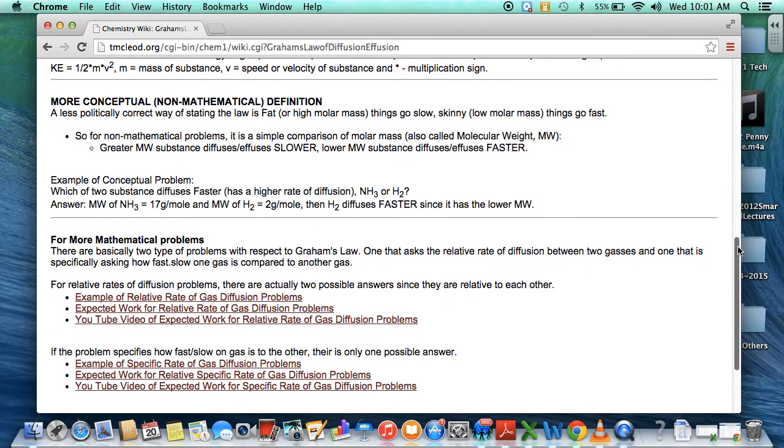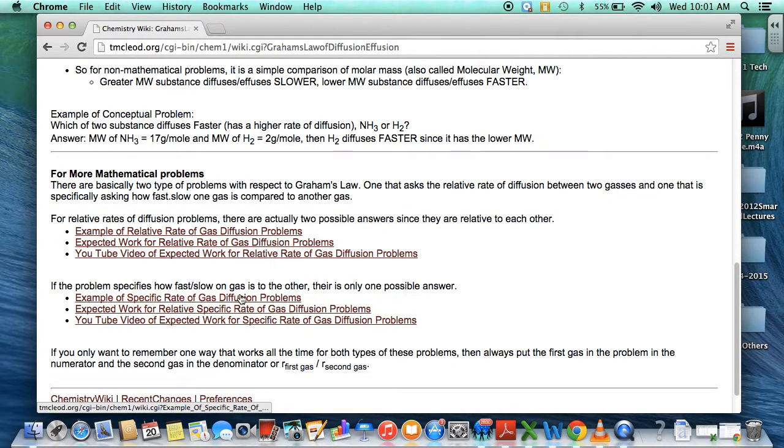And then there's another set here. Again, you get another YouTube video with questions and stuff like that, where it is specific. It actually asks you how many times faster or slower this gas is to that gas. Then you don't have an option. There is only one answer. Okay. And again, those will be explained in different YouTube videos.